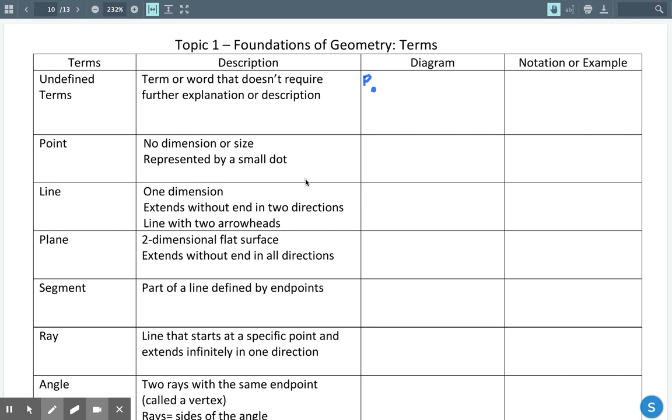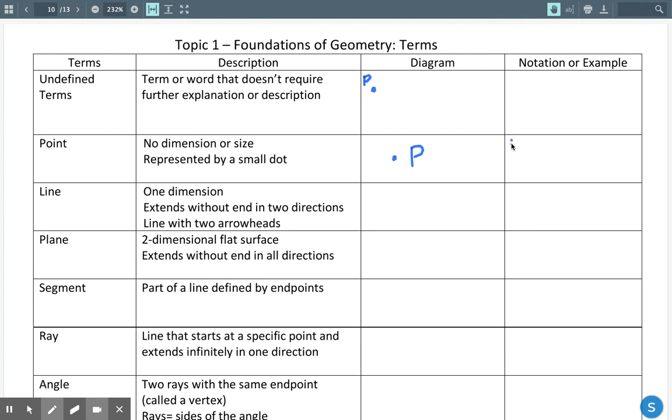And it doesn't have a size either. It's represented just by a dot, and a point is always labeled with a capital letter. In this case, I'm going to use P. If we're just talking about a random point, it's usually point P.